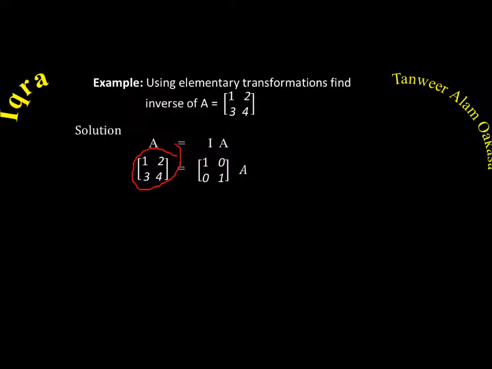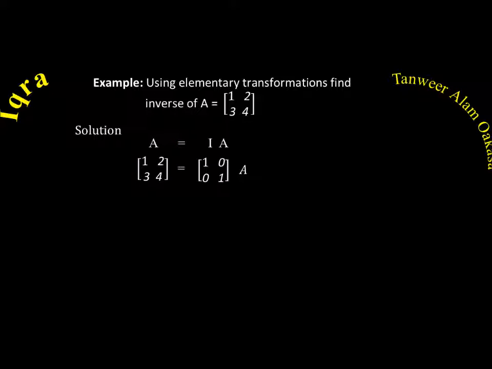And if you are applying column transformations, then throughout apply only column transformations. You cannot mix row transformations and column transformations. I repeat, if you are starting with row transformations, you end with row transformations. Throughout, there should not be a single column transformation in any of the operations.